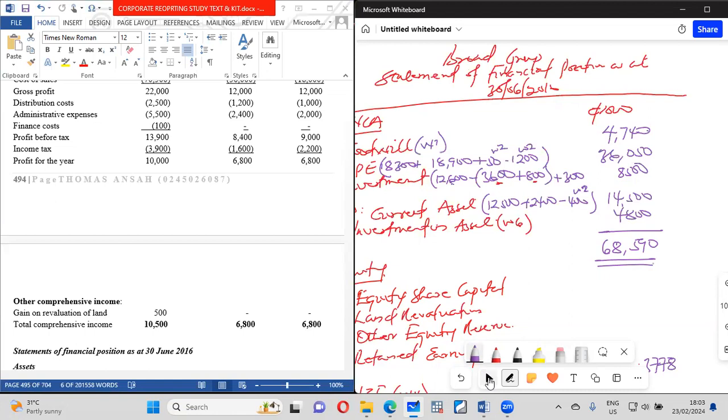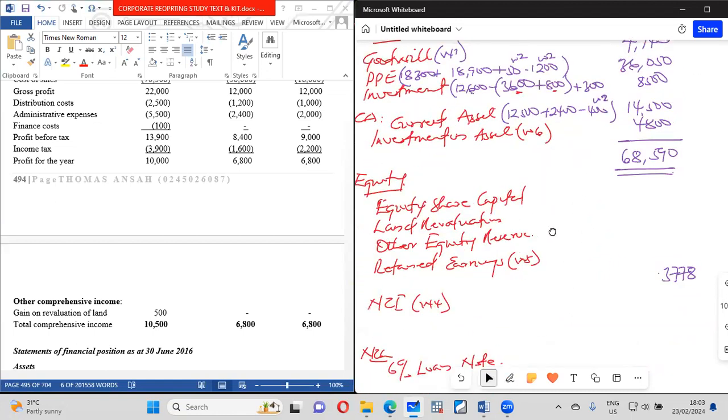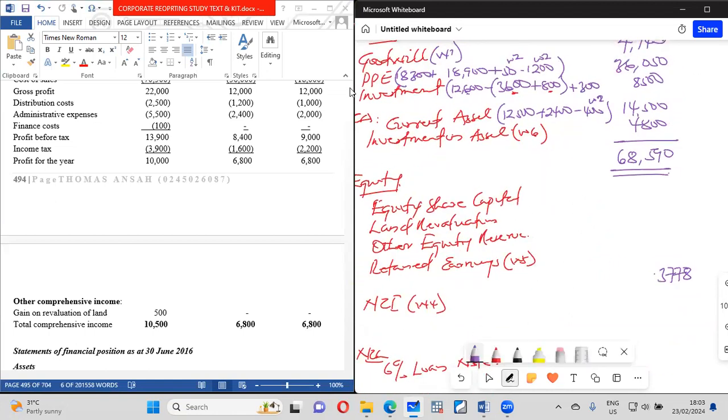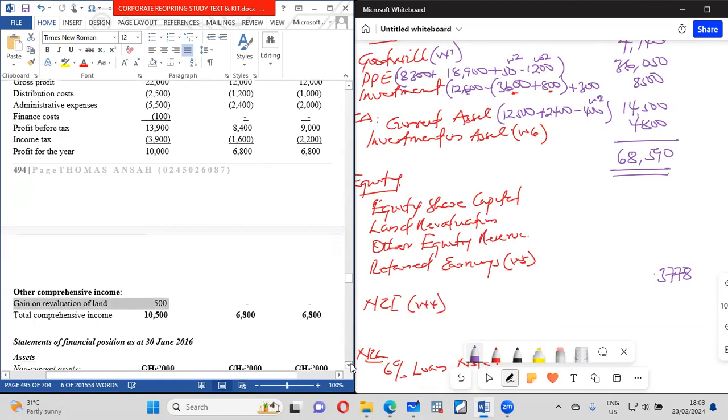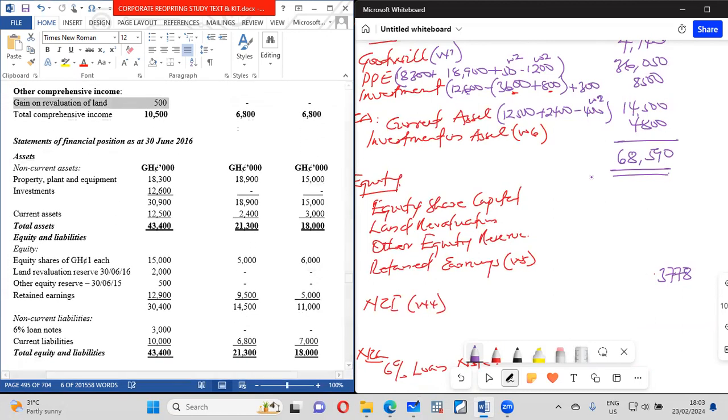All right, now my equity capital, we're close to done. My equity capital, what did I get? For the parent side, where are you? 15,000. But don't forget there was a share for share exchange.